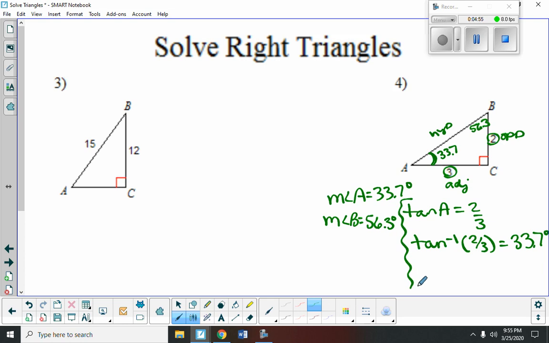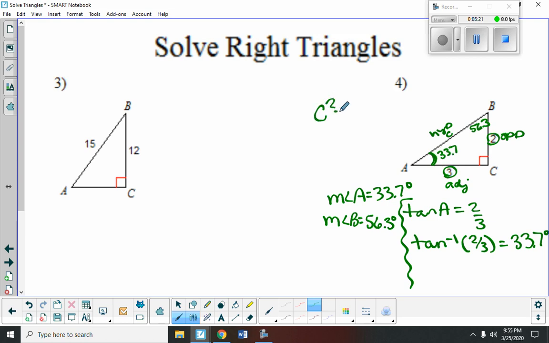And the last thing we need to do is find the third side. So this would be little c because it's across from big C. If you wanted, you could use this angle and use cosine. You could do the cosine of 33.7 equals 3 over c. You could solve it that way. Or you could use the sine. The other thing that you could do is use the Pythagorean theorem because you know 2 out of 3 sides.